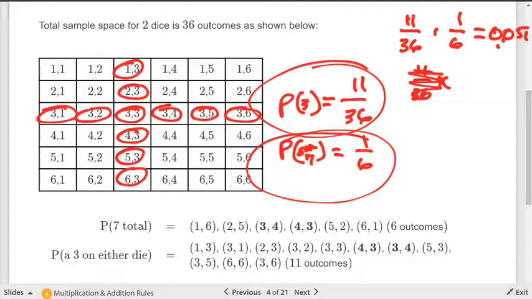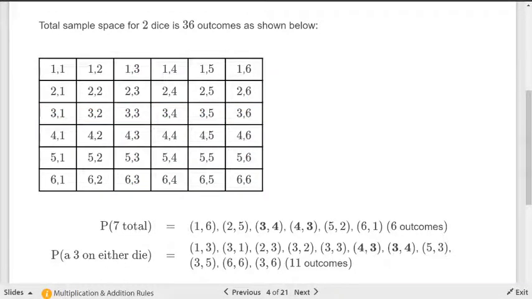That's fine. Now, let's do it using just the sample space. All I'm going to do is choose the ones that give me a total of 7, and the probability that you get at least one 3.